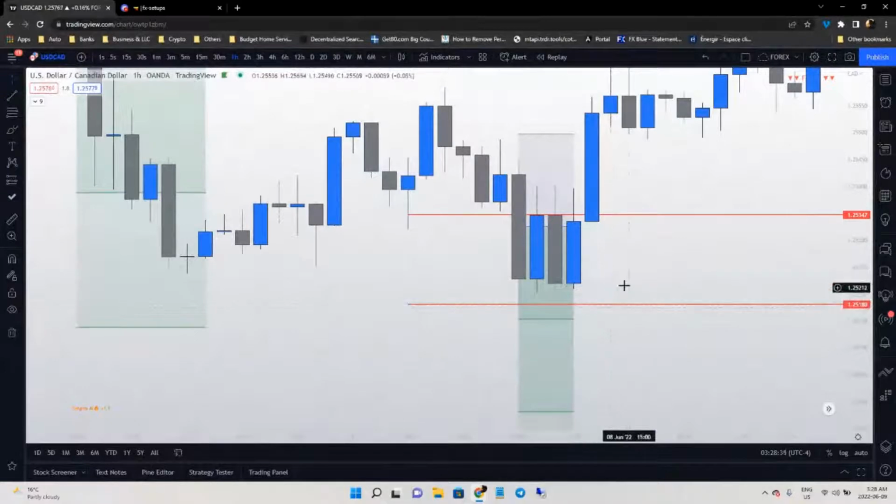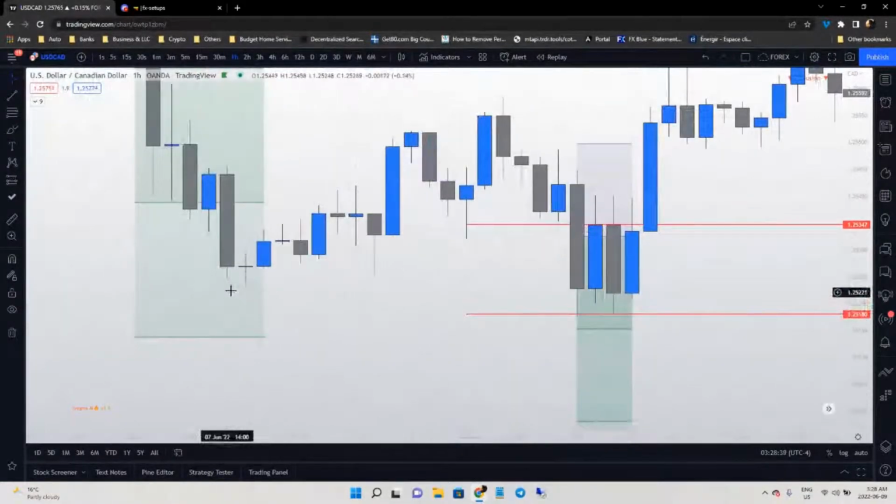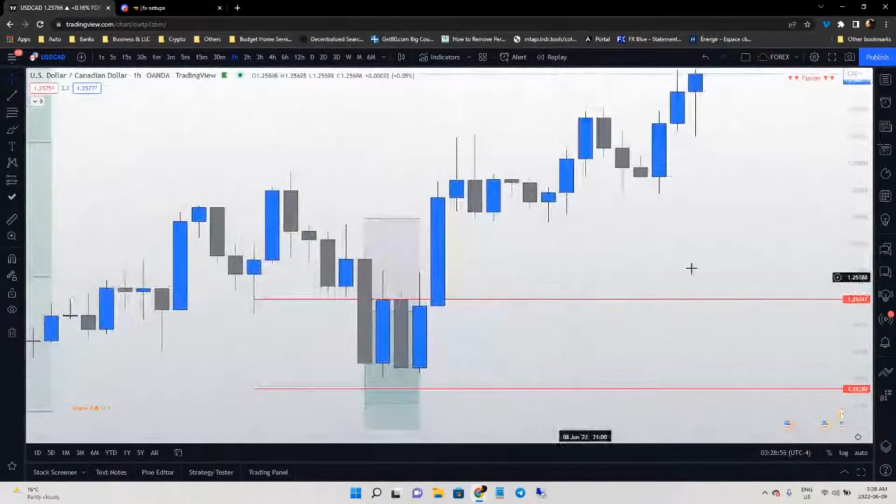So that's basically a liquidity grab right there, because there was still some liquidity here and here, but it just went lower because there were still pending orders here for sells that they needed to take before pushing the market up.